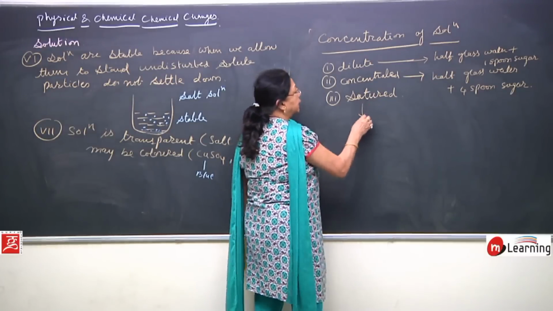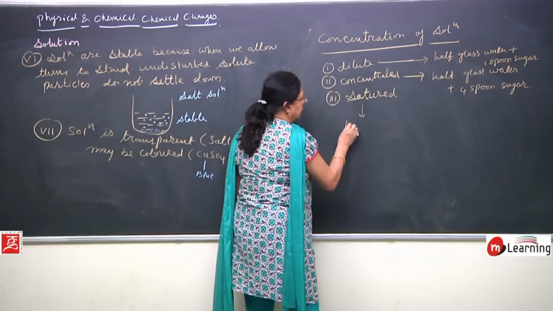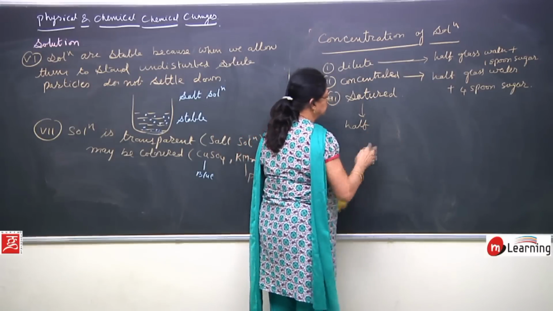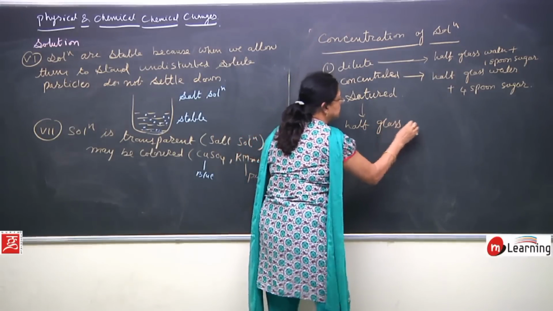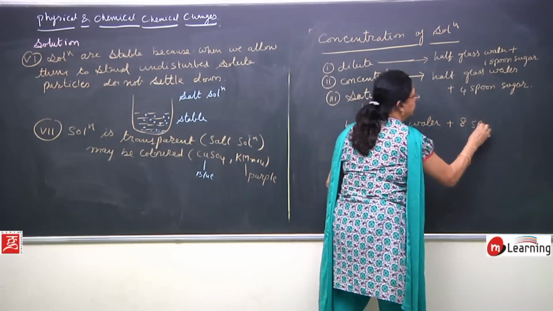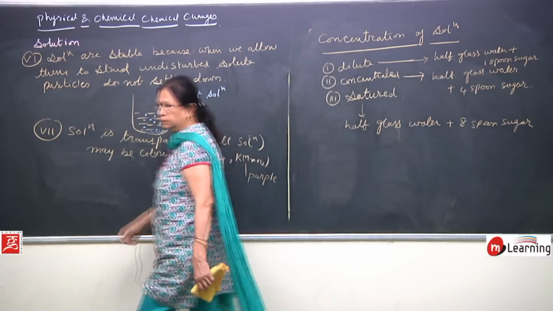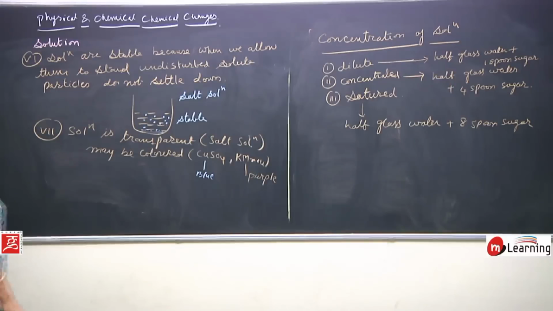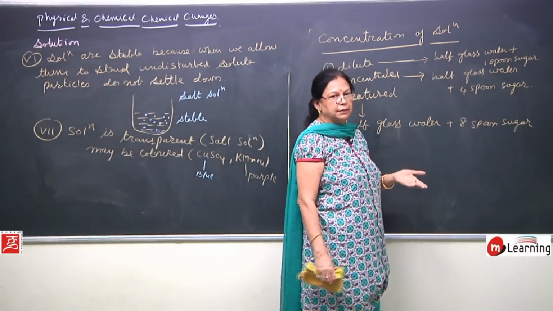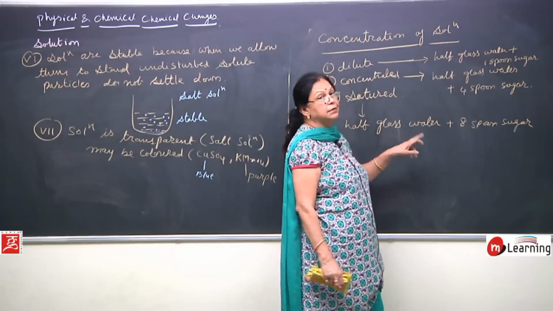Now, go on adding more sugar, say 5 spoons, 6 spoons, 7 spoons, 8 spoons. Here, half glass water plus 8 spoon sugar. You will see that when you are dissolving more and more sugar, then this sugar does not get dissolved.